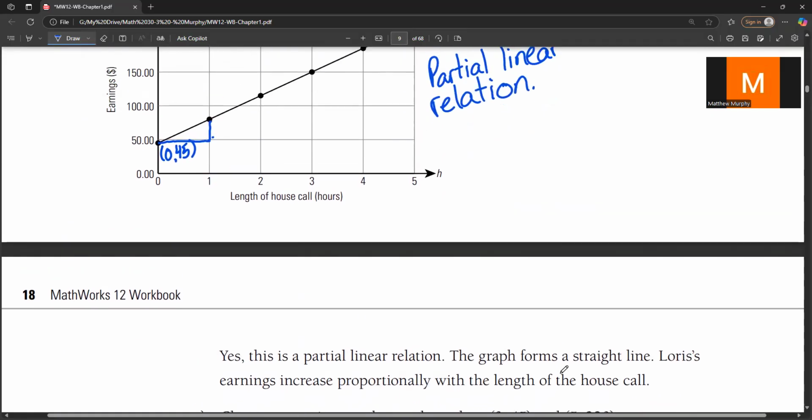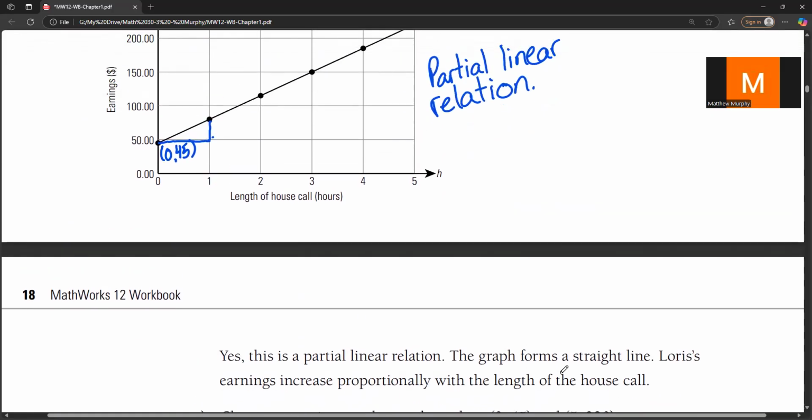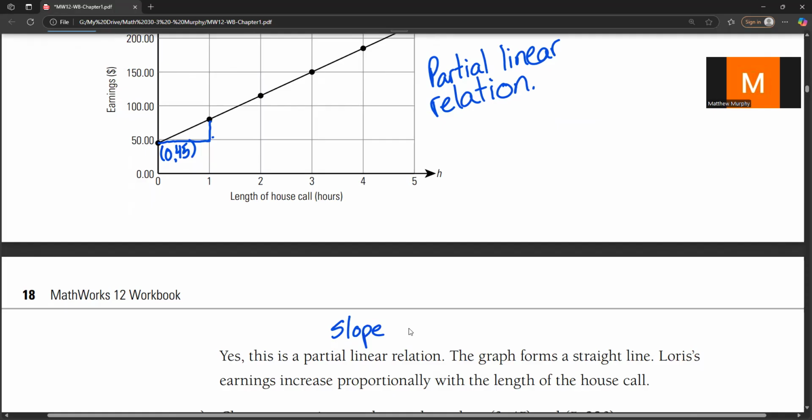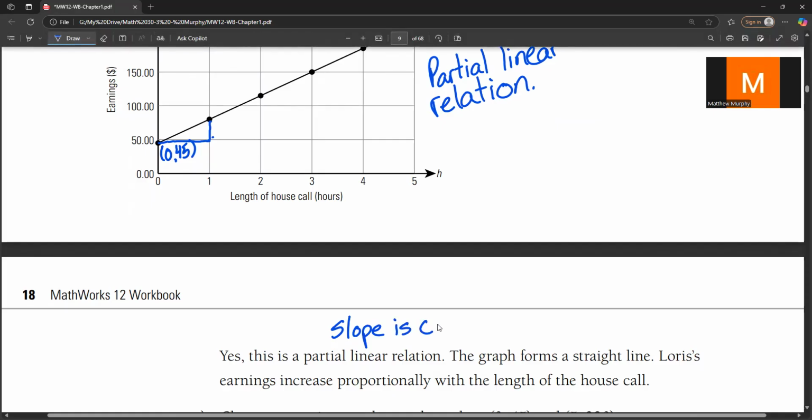What they mean by that is the slope is constant. Or another way to say that in simpler terms, it increases by the same amount. That's how you know it's going to make a straight line.